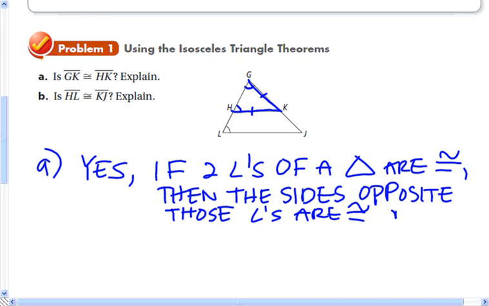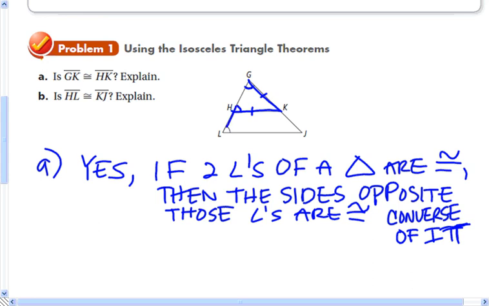And that is the converse of the isosceles triangle theorem. This looks like a pi symbol there. All right, ITT.